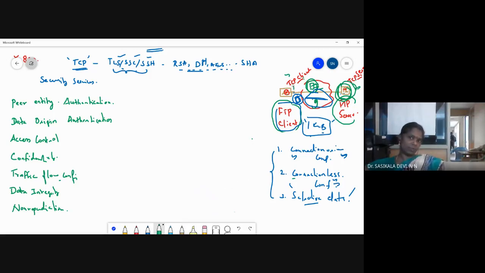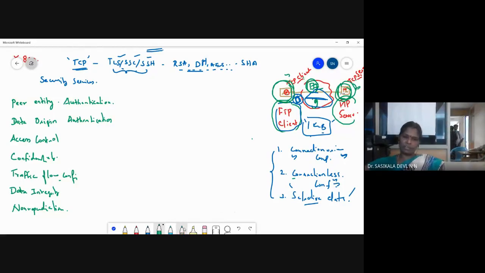Non-repudiation origin means there should be some mechanism to prove that the data was transmitted by the sender. Non-repudiation destination means the reception of the data by the receiver is to be proved.